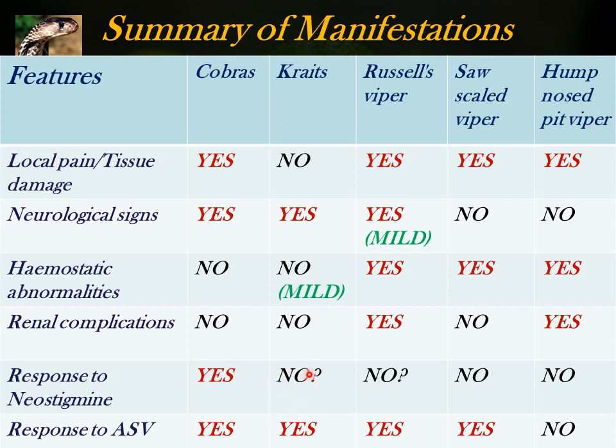But here you see that under krait, even if we are giving neostigmine, there are some of the areas where they do not work as effectively as in the cobra. So these are the areas that you must remember while you are treating a patient of vasculotoxic as well as neurotoxic snake bite.